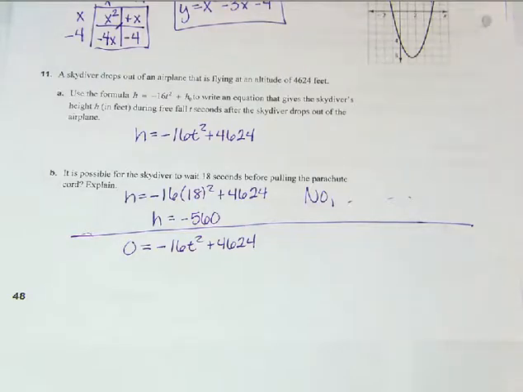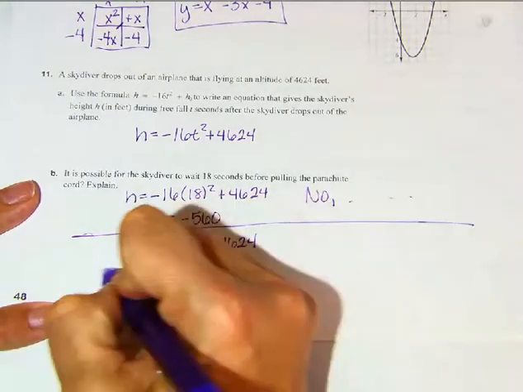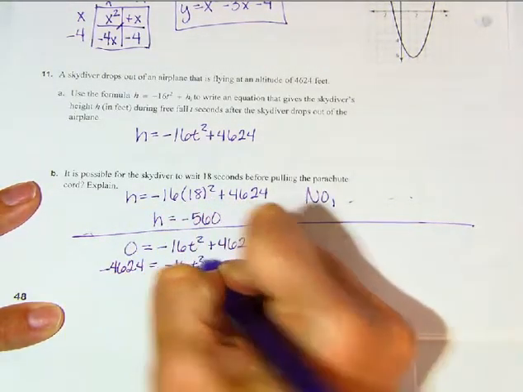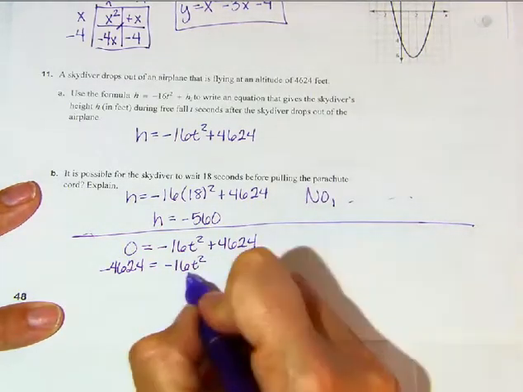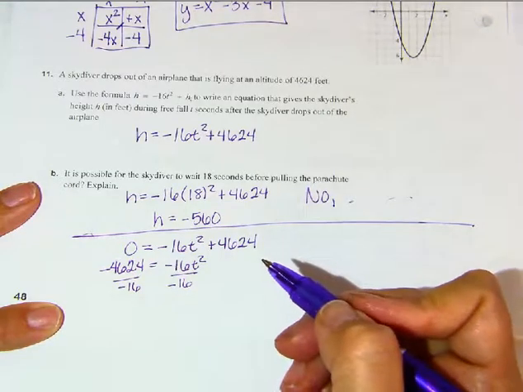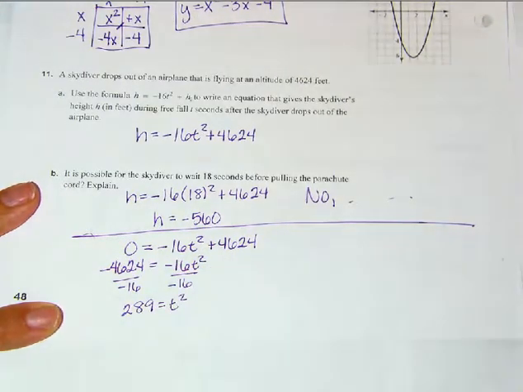Okay? So I'm going to solve. I'm going to subtract the 4,624, and now it equals 16t squared. To get t squared by itself, I'm going to divide by negative 16. Okay, so I get 289 equals t squared, and you square root both sides.